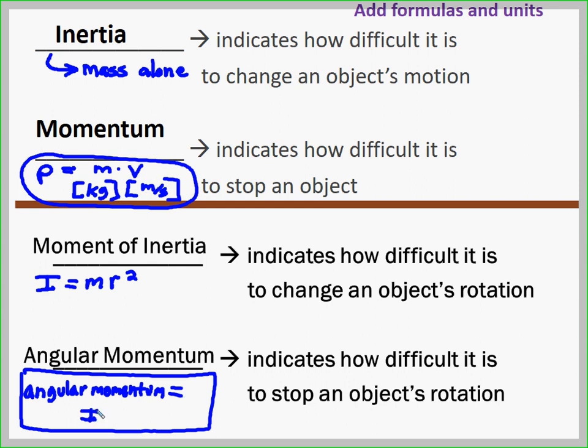I. And the rotational version of velocity? Omega. So angular momentum is equal to I times omega. The symbol for angular momentum is kind of bizarre at first. You just get used to it, not sure of the reason why. It's a capital L. So capital L equals I times omega.